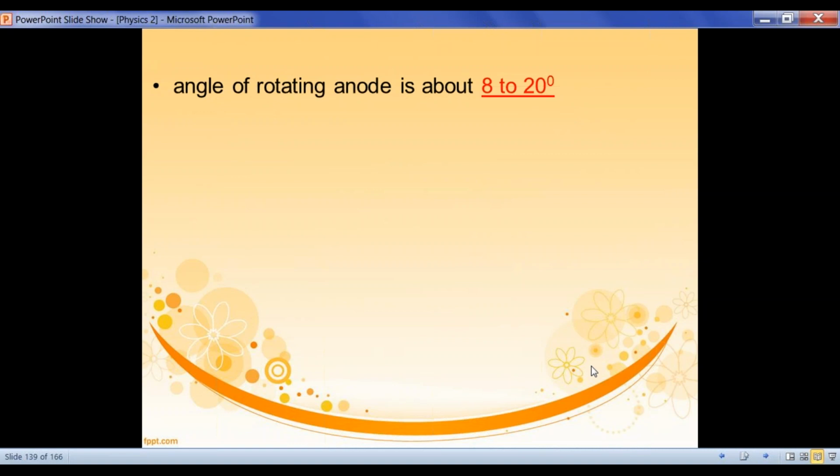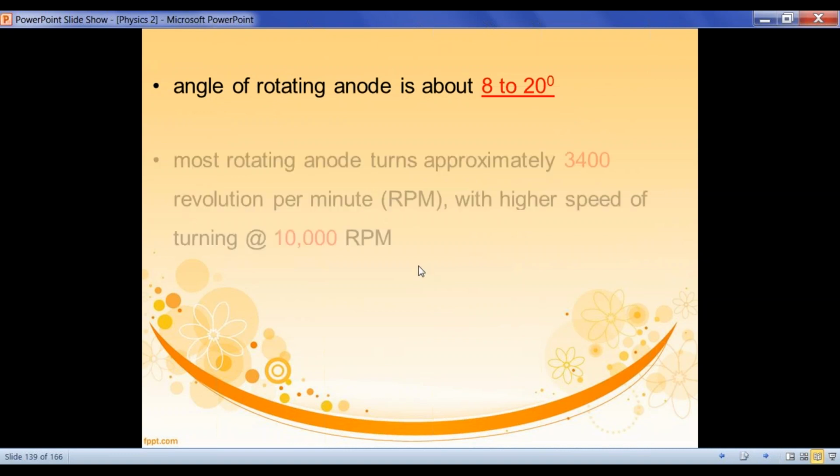Ang purpose po ng angulation ng ating anode is to have larger actual focal spot and smaller effective focal spot. I-discuss po natin yan sa succeeding discussion natin. Yung principle ng pag-angulate sa ating anode ay tinatawag nating line focus principle.